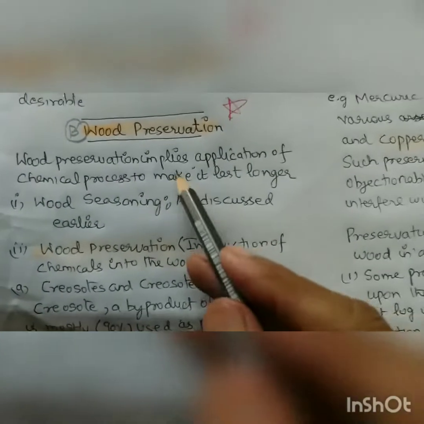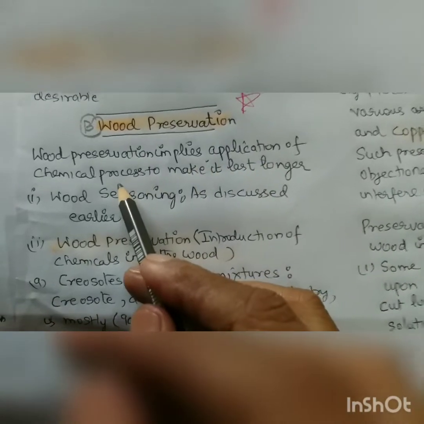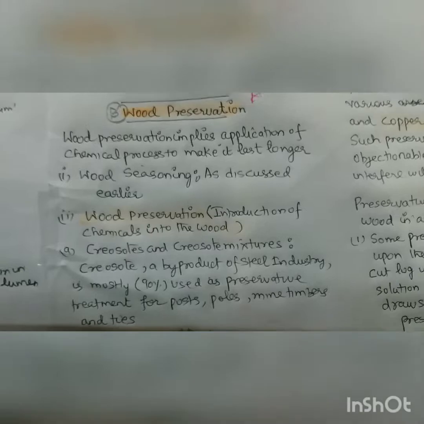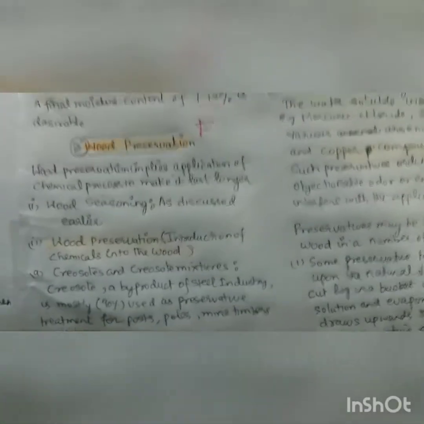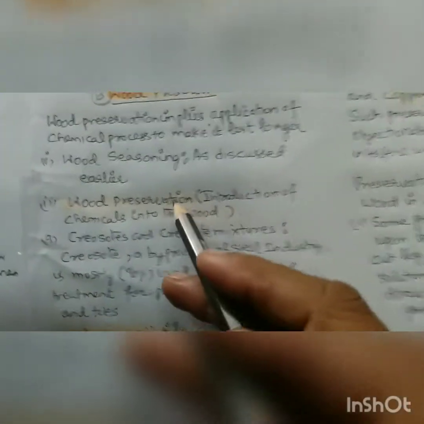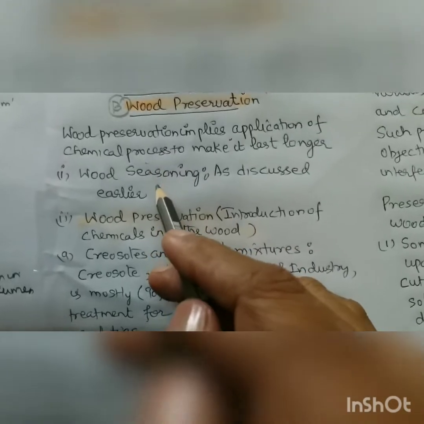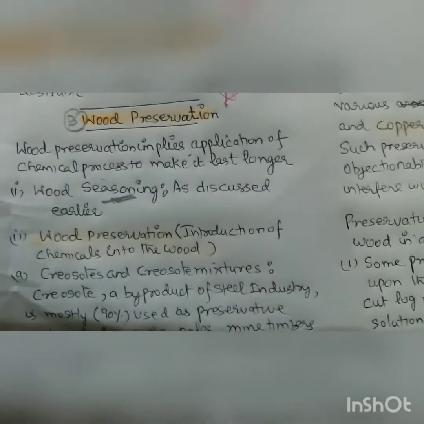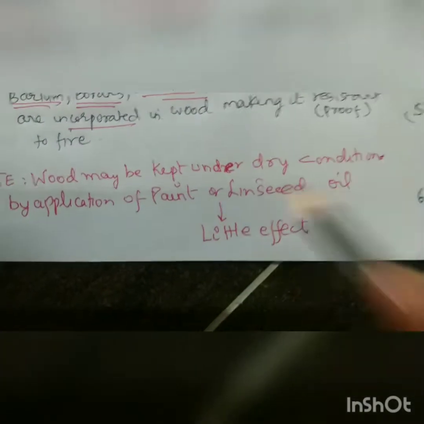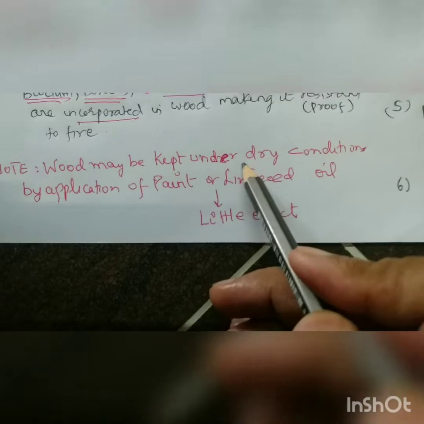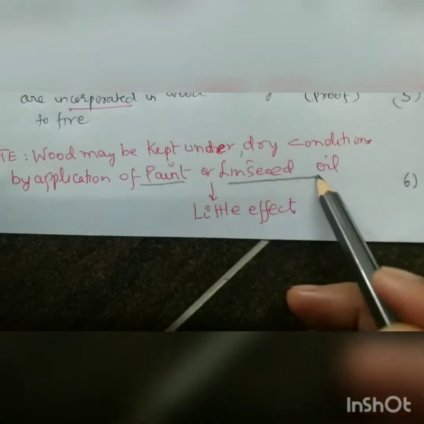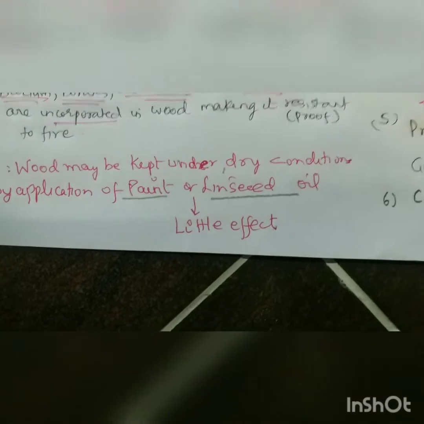Wood preservation implies the application of chemicals so that the wood can last longer. When questions come on wood preservation, the first part is, by default, wood seasoning, right? The most common method of wood preservation is that we have to keep wood dry, by application of paint, linseed oil, or some also put lime, which we call tuna.